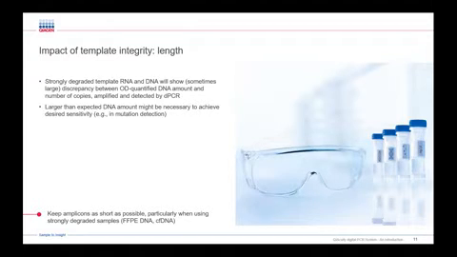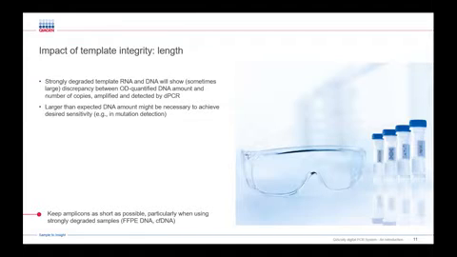Template RNA and DNA, which is strongly degraded, will sometimes show large discrepancies between the OD quantified DNA amount and the number of copies amplified and detected by dPCR. This is due to the fact that not all DNA or RNA fragments still contain an intact amplicon site.